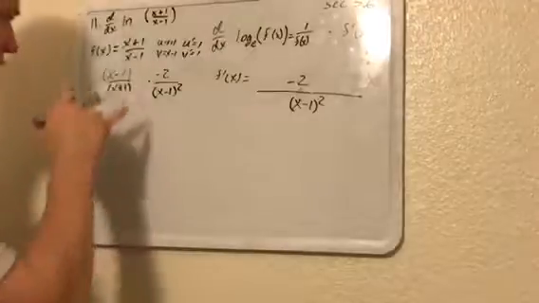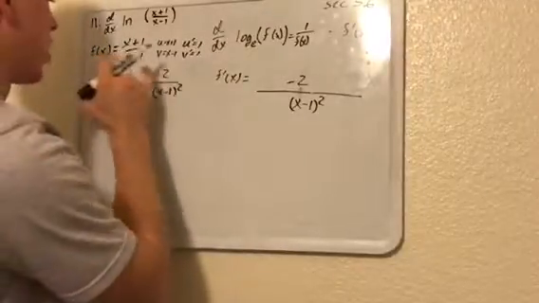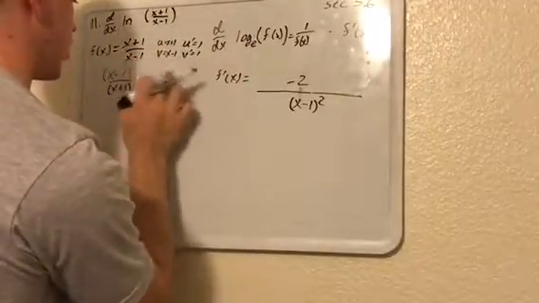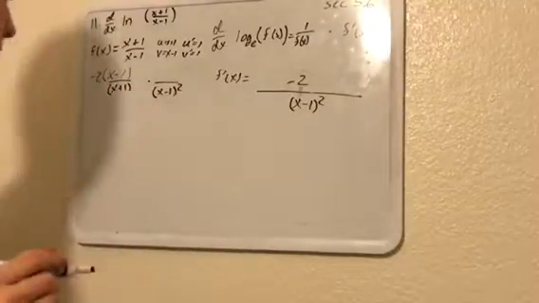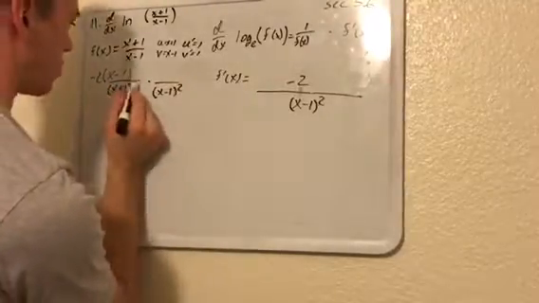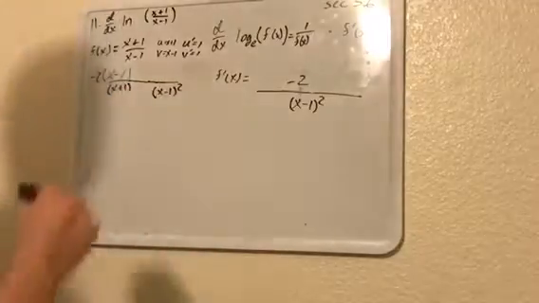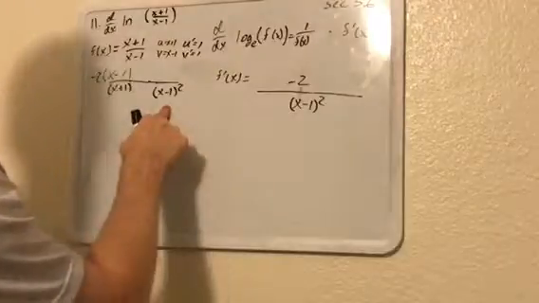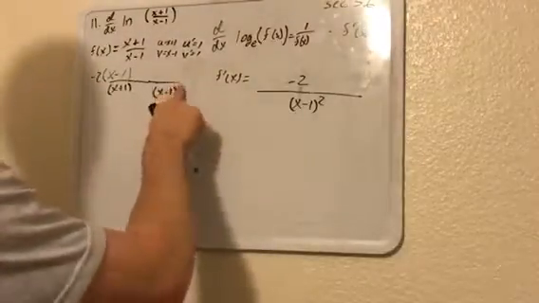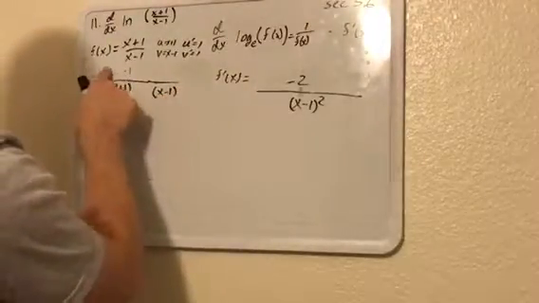Now, if you look, this is all multiplied across, so you can distribute this negative 2 over here. And this is multiplied across, so you can just draw this line like this. But now you have x minus 1 on the top, and you got x minus 1 on the bottom, so you can cancel that out. So this will go to 1, and this will go away.